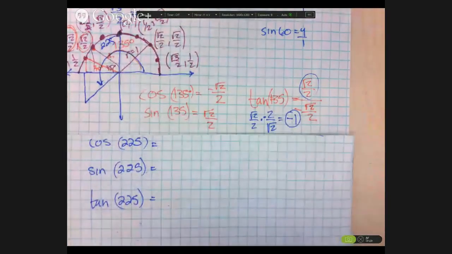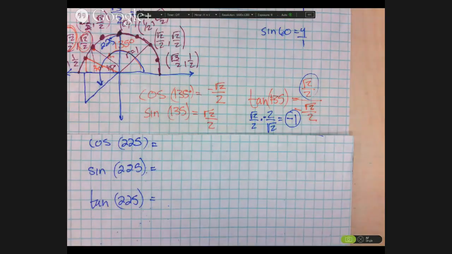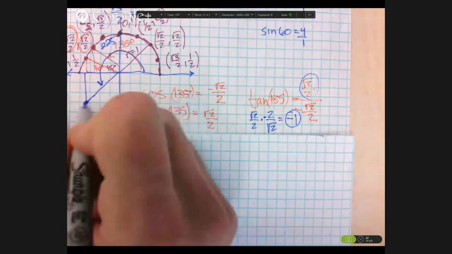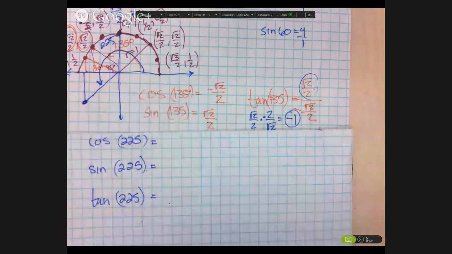Okay, so you have a 225-degree angle. This is on your own. What are the coordinates of that point? And what are sine, cosine, and tangent?